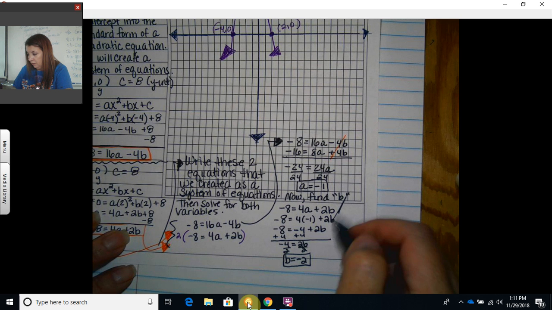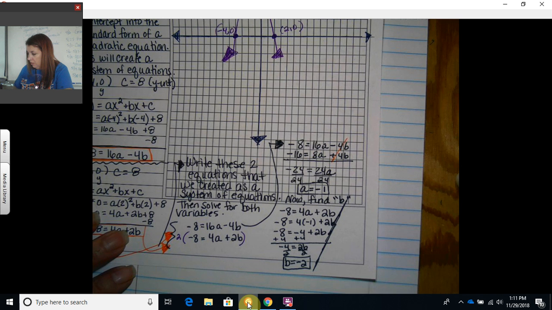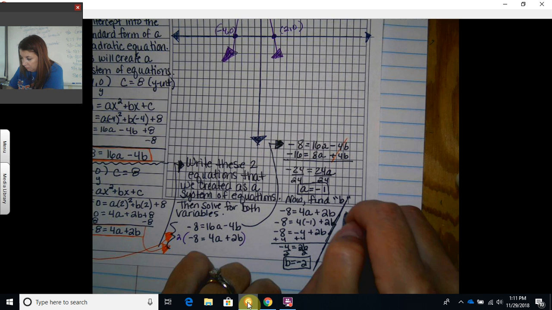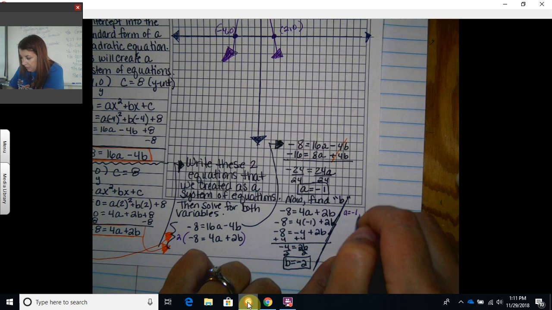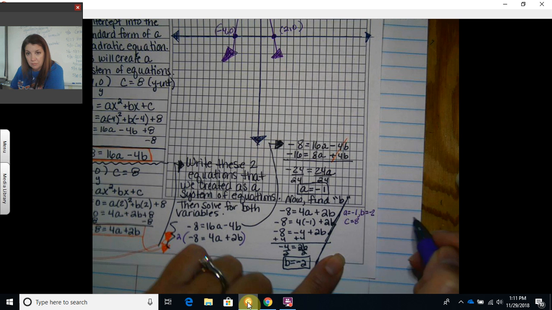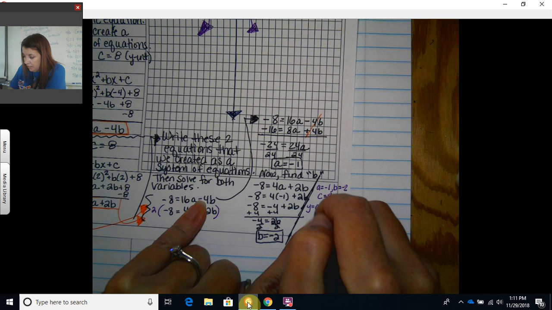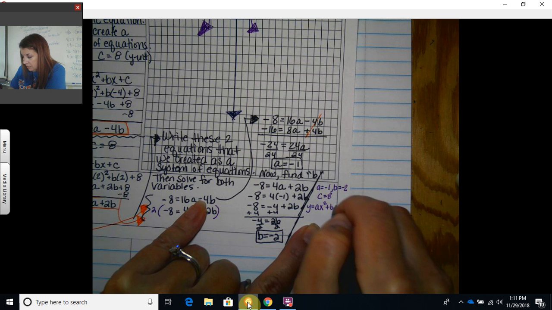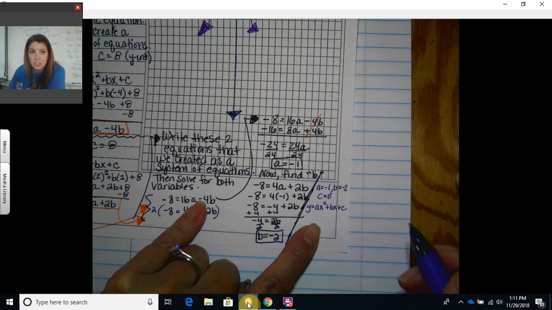So we know that A is -1. B is -2, and C is +8, right? We know the standard form of an equation is y equals ax squared plus bx plus c. But that's just the generic standard form. That's not the equation of this line.